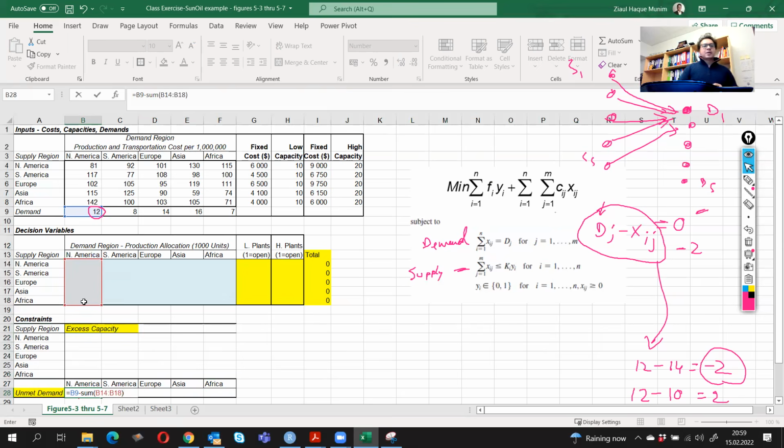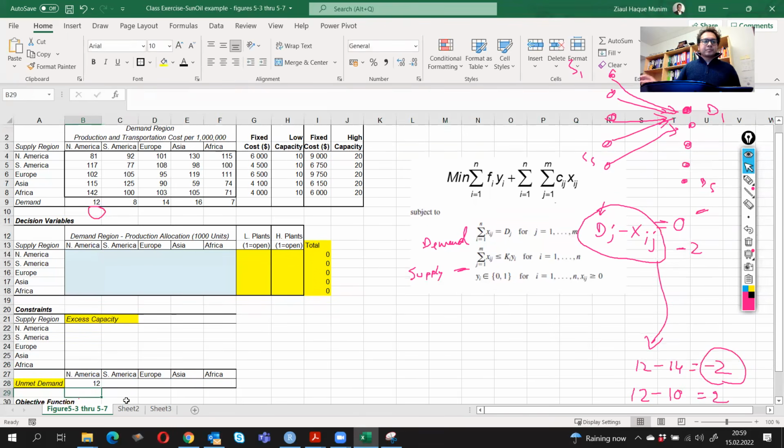Okay. So this is where after the optimization, we will get the volume that will be transported to North America from all the 5 locations, right? So we just take the sum of it and we deduct it.